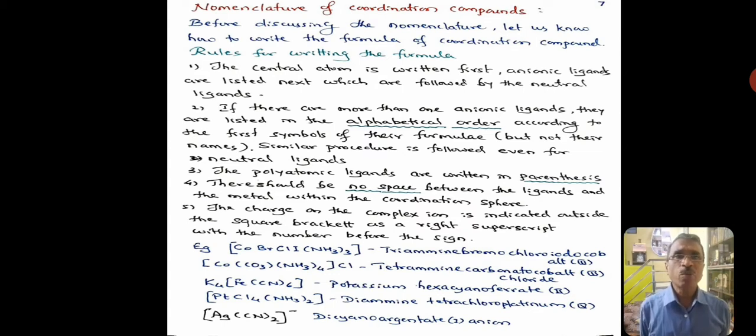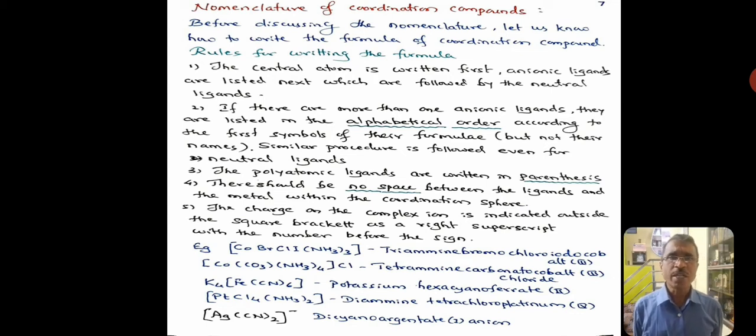If there is more than one anionic ligand, they are listed in alphabetical order according to the first symbol of their formula, but not their names. A similar procedure is followed even for neutral ligands.